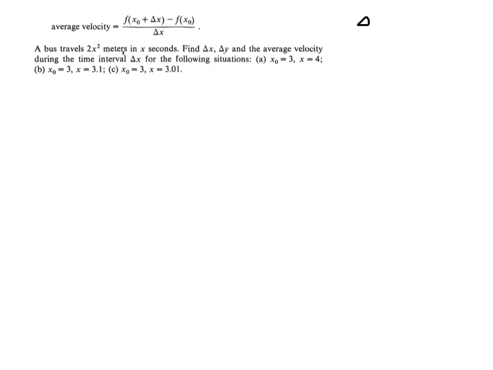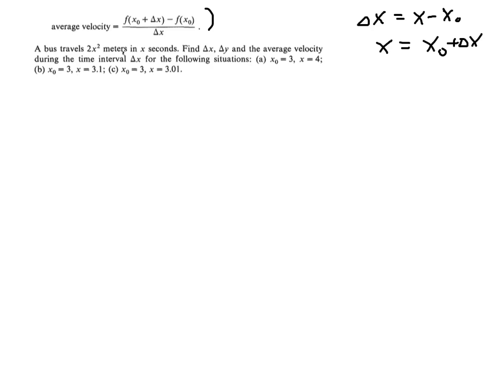Since delta x represents x minus x naught, we could rewrite this to say that x is the same as x naught plus delta x. That gives us this formula here for average velocity: f of x naught plus delta x minus f of x naught, divided by delta x. Just another way to write the same formula.